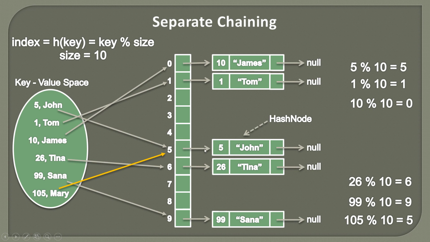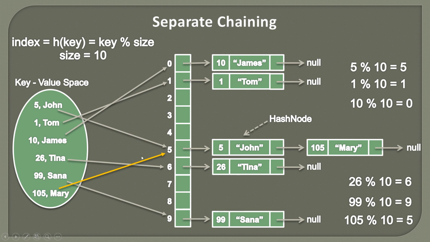So what we do is, as this hash node can be treated and converted into a list or chain, we can use its next reference and simply store 105 as key, value as Mary, and its next is pointing to null.